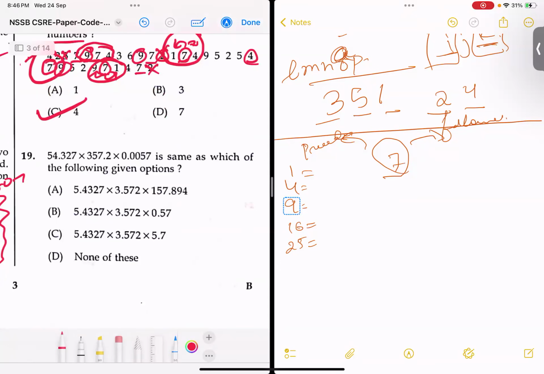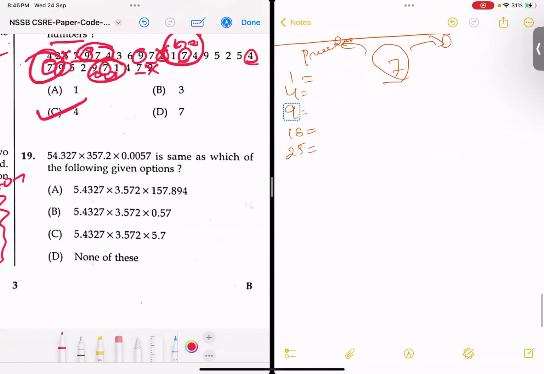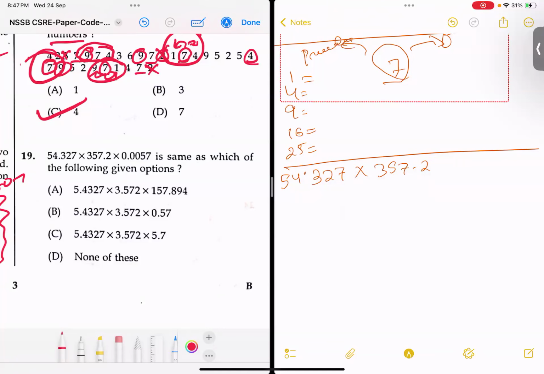Now let's come to question number 19. So here we have a multiplication of 3 numbers, and we just have to see which of the following options it matches, okay? So here the 3 numbers are 54.327, right? Into 357.2 into 0.0057.